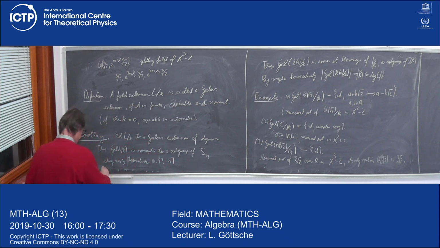And in particular, the number of elements in the Galois group of L over K is equal to n. That means it is equal to the degree of the field extension.